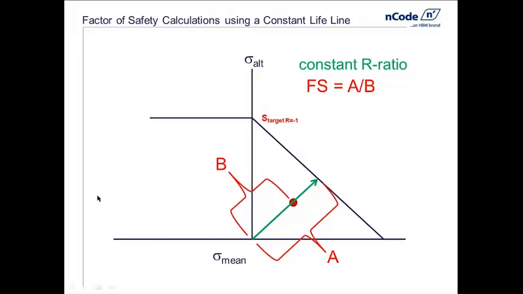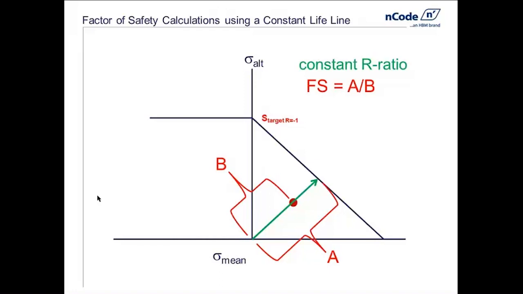And the ratio of those, basically the distance to the constant life diagram divided by the distance to the stress point, is our factor of safety. Again, a factor of safety greater than 1 means that we have a design that passes our stress target. Less than 1 would be missing the target.